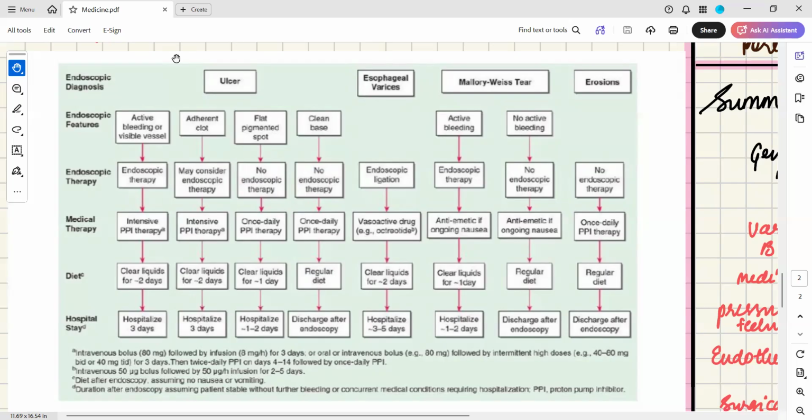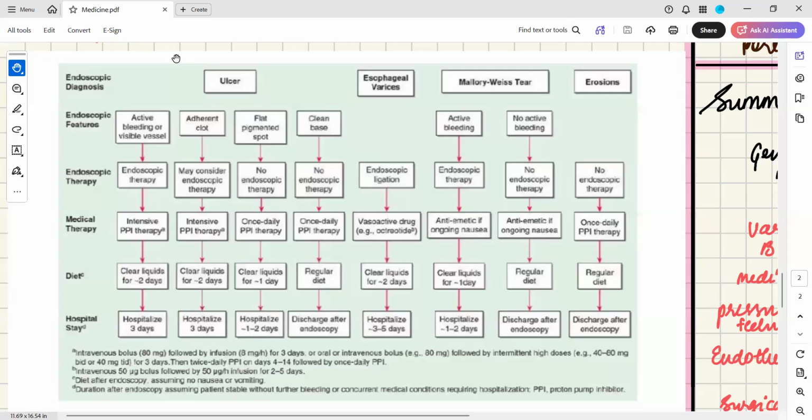If the patient is presenting with just a flat pigmented ulcer or a spot, there is no need of endoscopic therapy. We give PPI once daily, clear fluids, and hospitalize. And if the ulcer has a clean base, then also we don't need endoscopic therapy. PPI, regular diet, discharge after endoscopy.